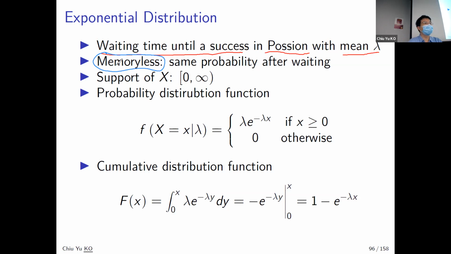Unluckily, after 15 minutes he or she doesn't appear. So what's the probability that she or he arrives in the next 15 minutes? Same, 1/2.